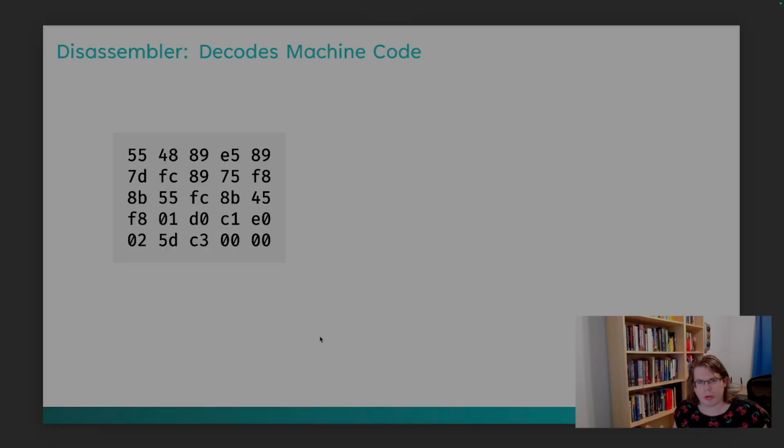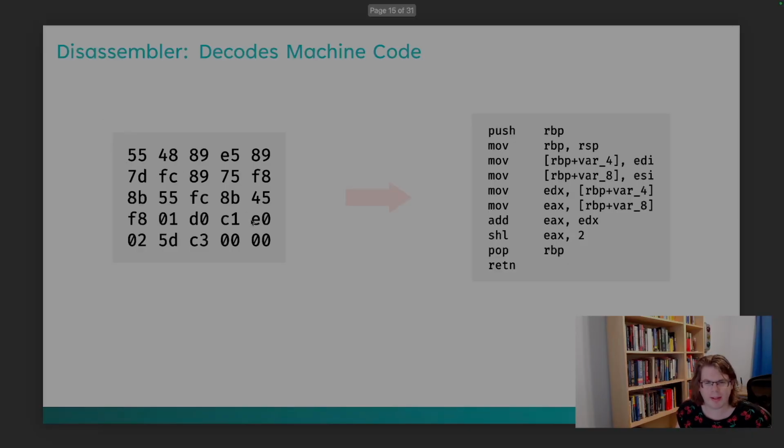So this code basically represents high-level code. We have a tool in reverse engineering called a disassembler, which can decode instruction sequences into human-readable assembly code.